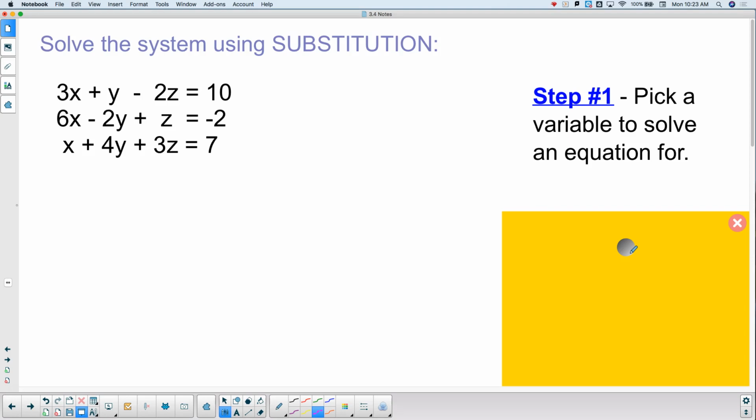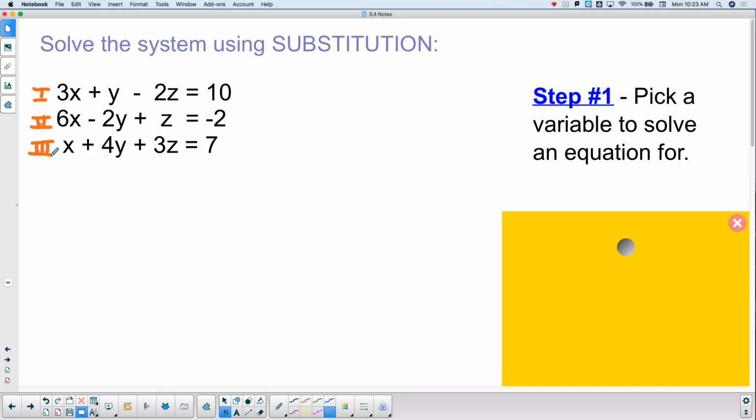Okay? If I'm looking at this particular system, in equation number 1, side note, I usually like to Roman numeralize my equations, okay, so that I know which equation I'm talking about. So in equation number 1, what would be the easy one to solve for?